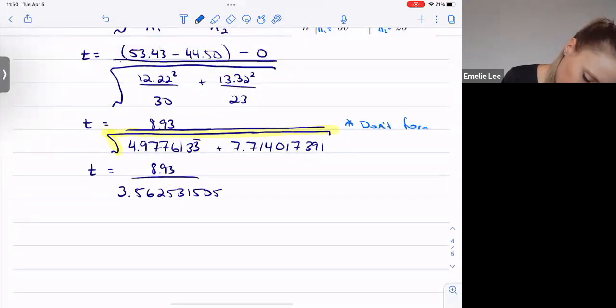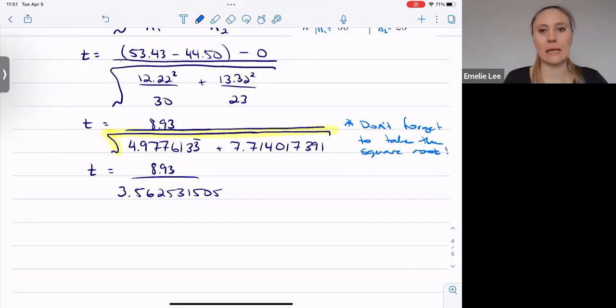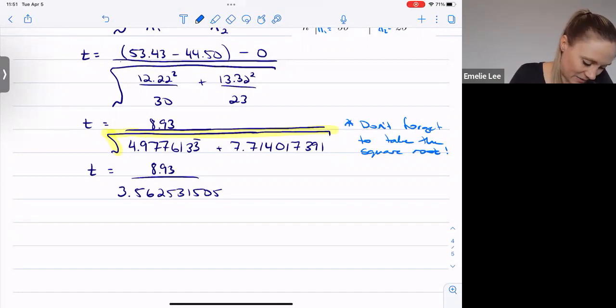Don't forget to take the square root. Okay, and then I can do 8.93 divided by that guy.